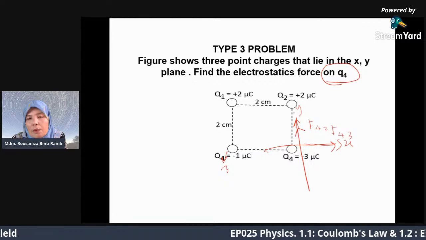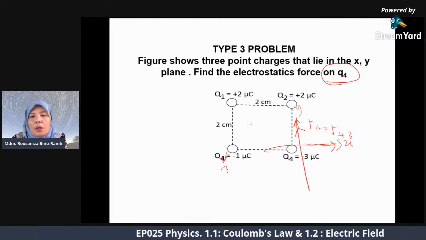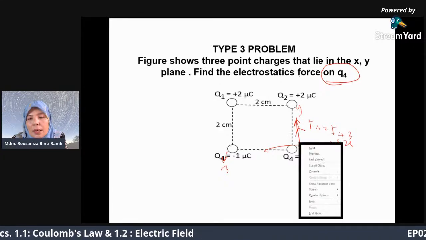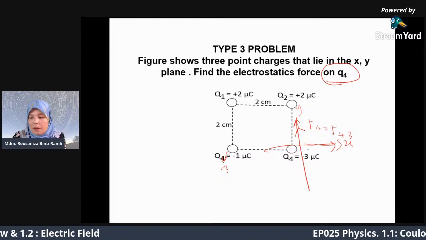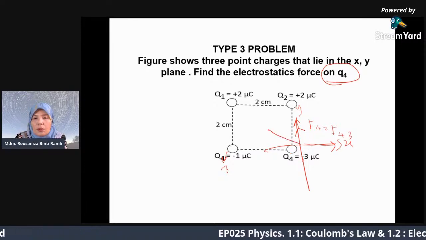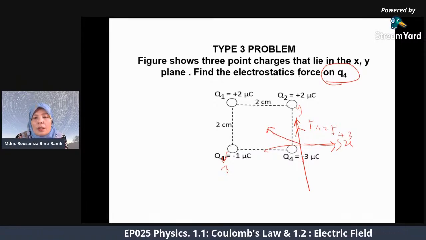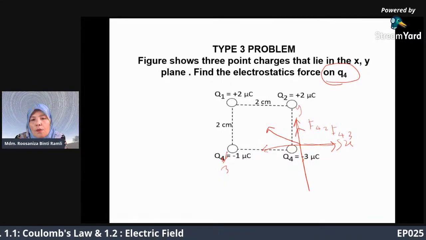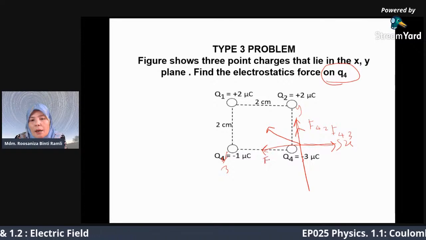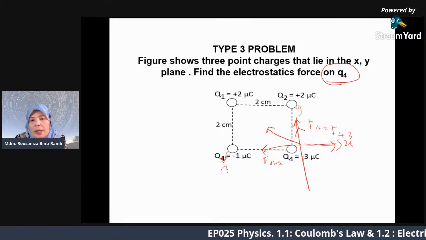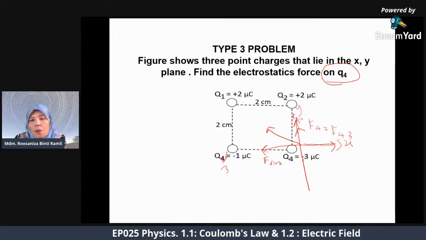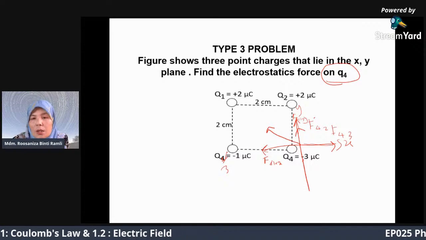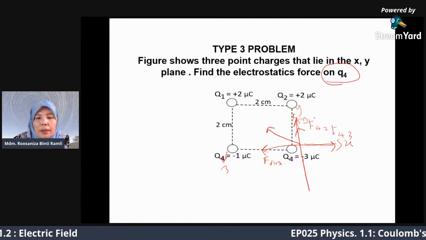Why? Because of attractive force. For Q1 and Q3, the signs are different, so it is an attractive force. The direction lies between x and y, so you have to resolve it. For Q1 you have F41x and F41y. For further solution, you can discuss in tutorial class.